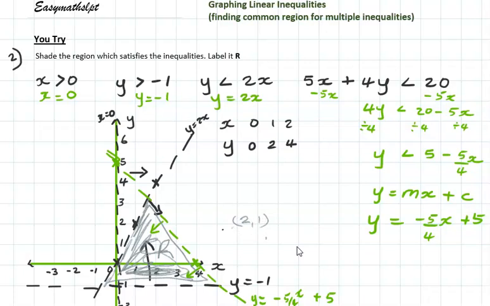We could solve the last one: y is less than 5 minus 5 times x over 4, which is 5 minus 10 over 4. 10 divided by 4 is 2.5, and 5 minus 2.5 is 2.5. Remember, our y is 1, so y is definitely less than 2.5. So we know we have identified our common region.